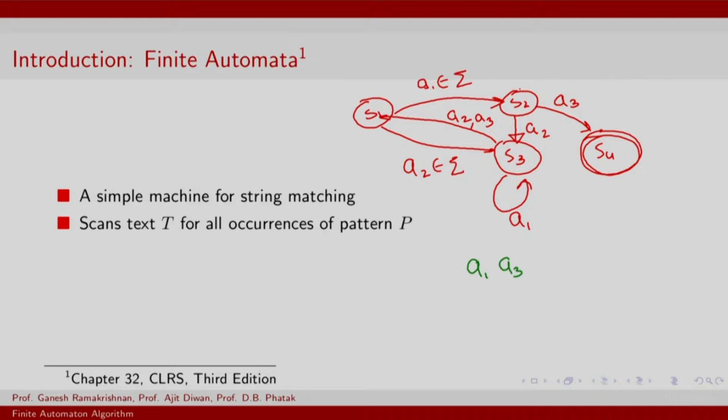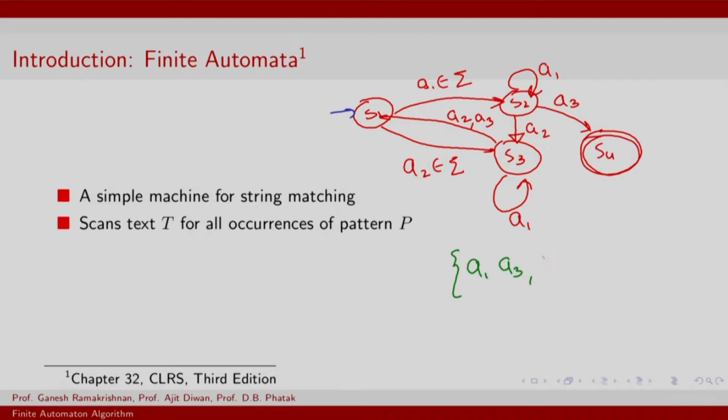From S2, I might loop back on A1. So now we can complete the set of strings that this automaton will accept. It accepts A1, A3, and I am assuming here that I am beginning with state S1.